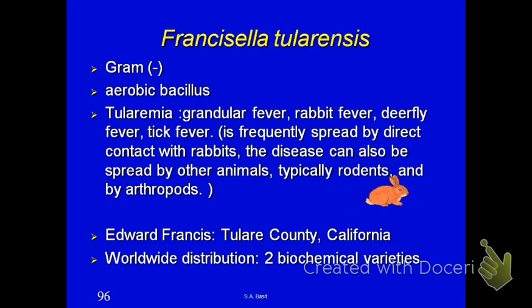It's a gram-negative aerobic bacillus. I did mention a while ago that tularemia is otherwise known as glandular fever, rabbit fever, deer fly fever, or tick fever. Glandular, because later on I will show you that it causes swelling of the lymph glands. Rabbit fever, because rabbit is the most common reservoir. You could also get it by the bite of a tick or deer fly.